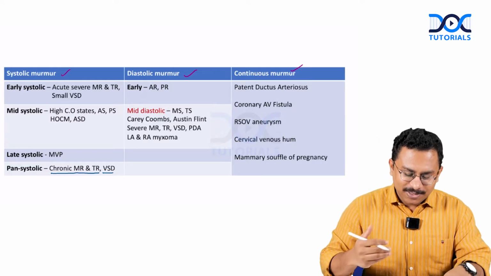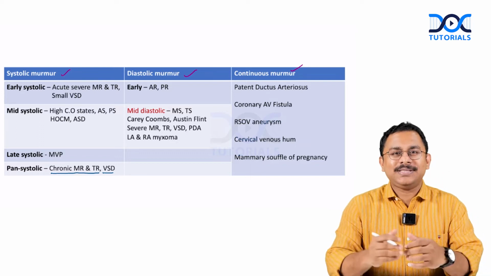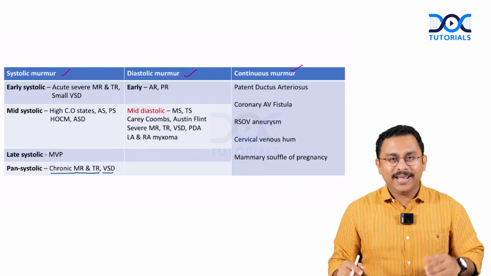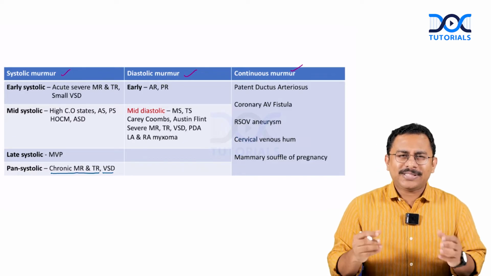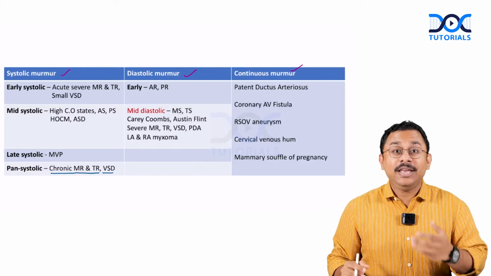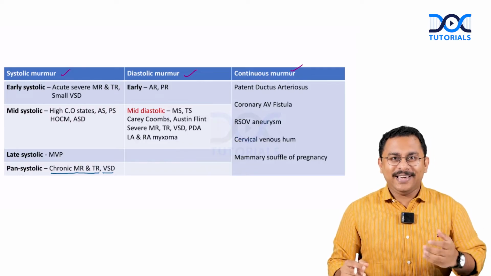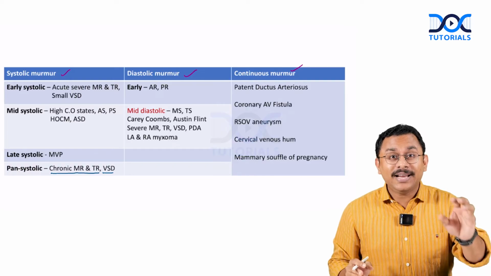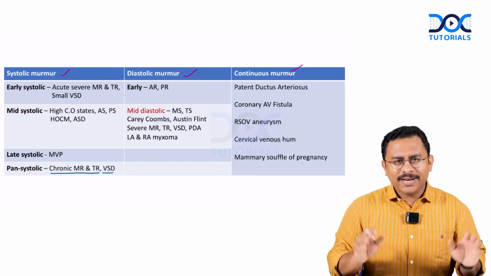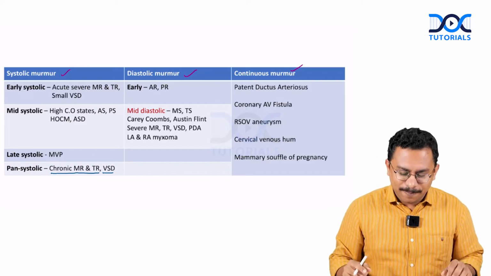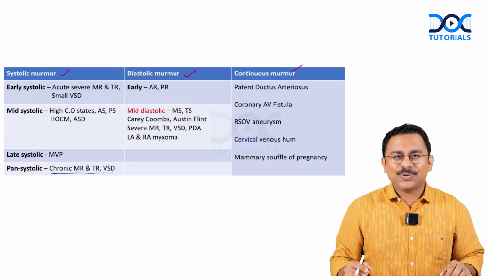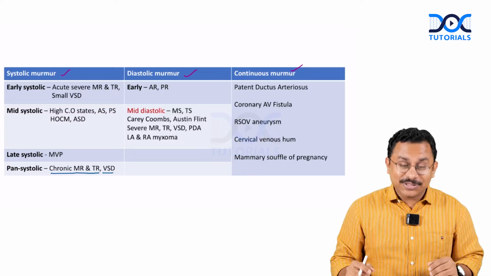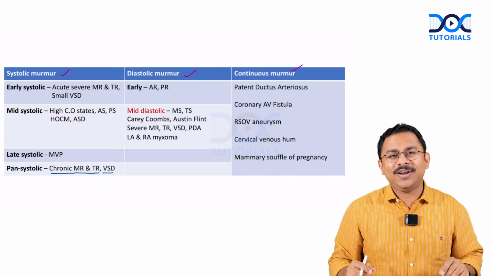Now, early systolic murmurs can be seen in association with an acute severe MR and TR, which can occur in conditions like infective endocarditis. An acutely developing MR can sometimes have an early systolic configuration, whereas chronic MR is pan-systolic. Even a small VSD can have an early systolic murmur. Mid-systolic murmur is also known as ejection systolic murmur.